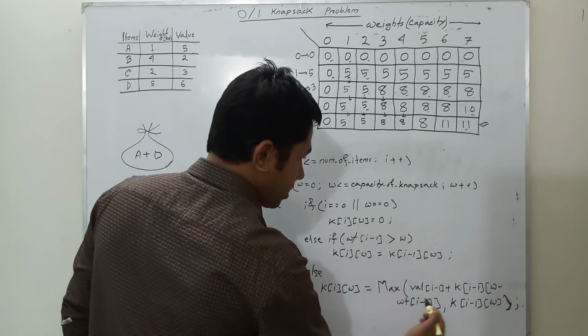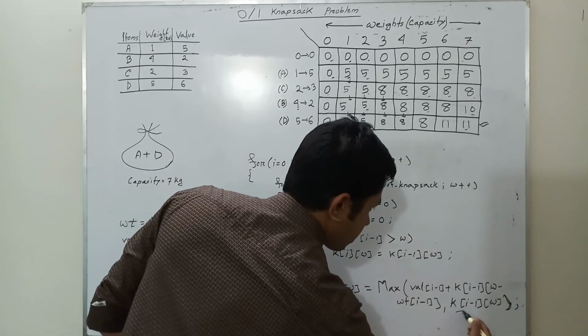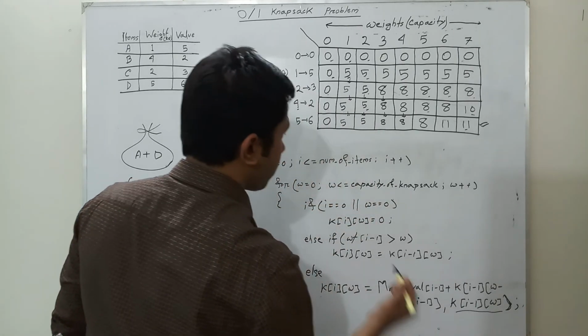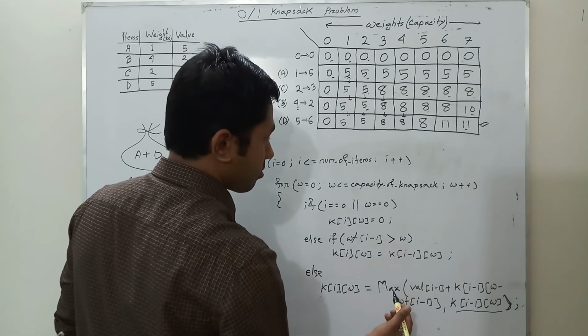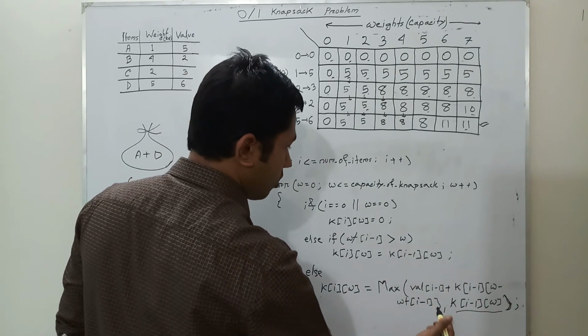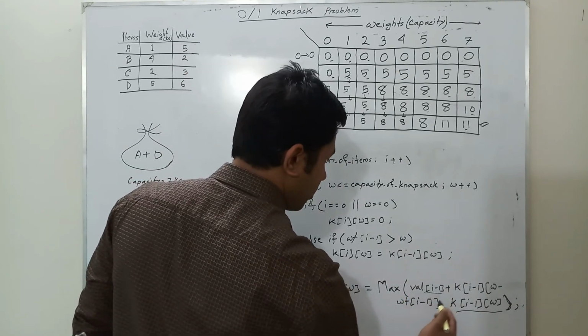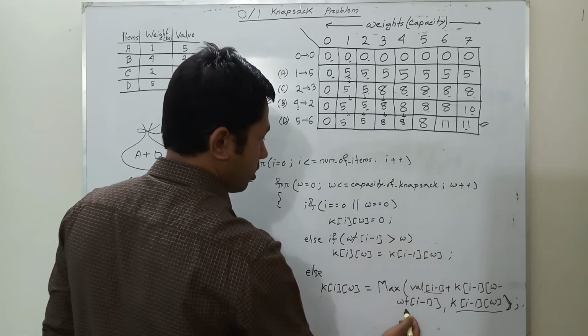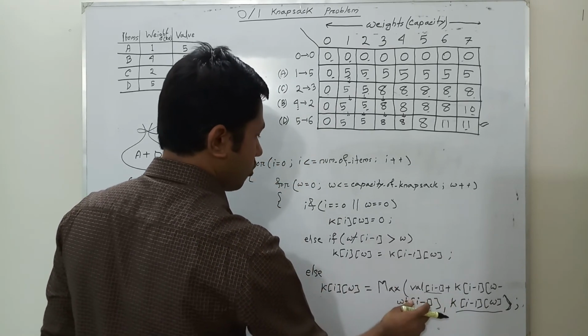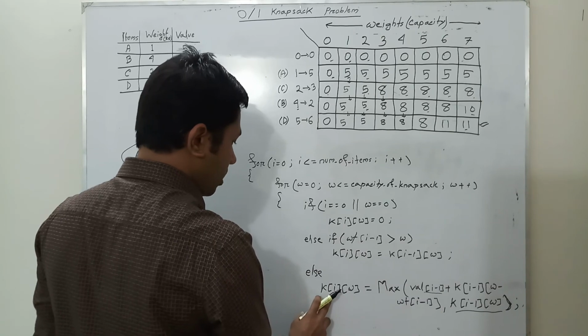This represents that without using the item, the maximum obtainable value, and this represents that using the item, maximum obtainable value. And from those fields, the maximum value we will put in this field.